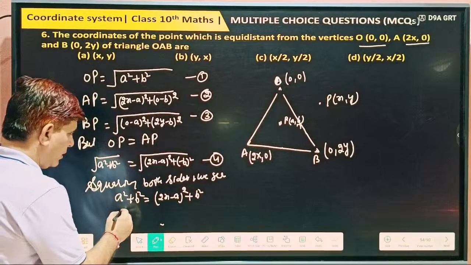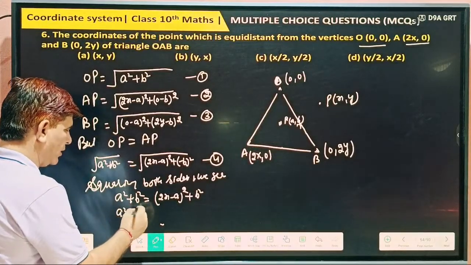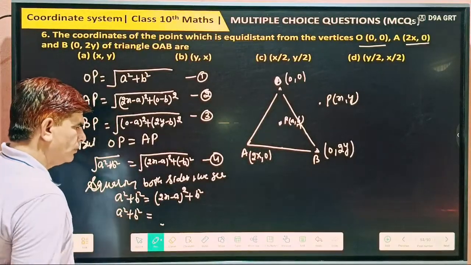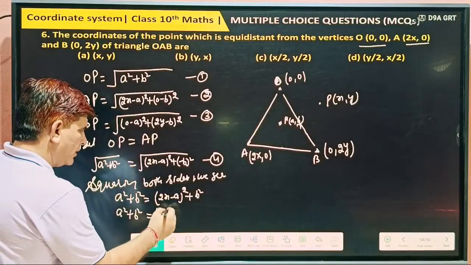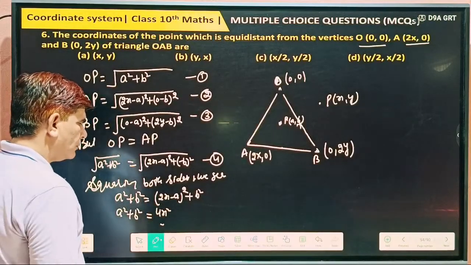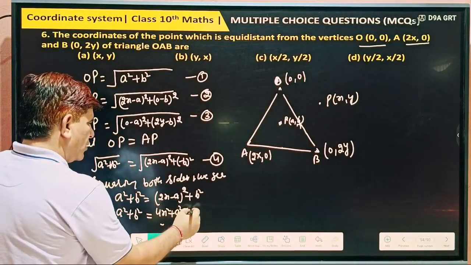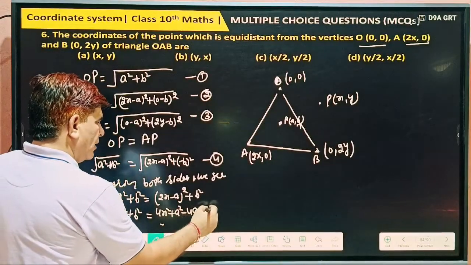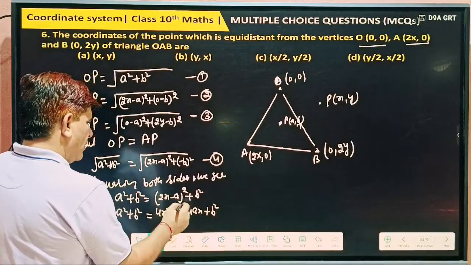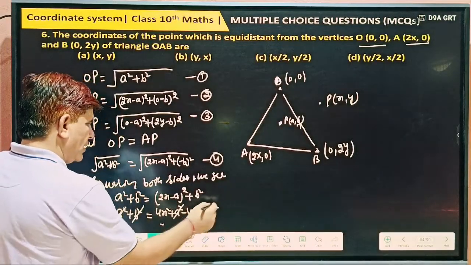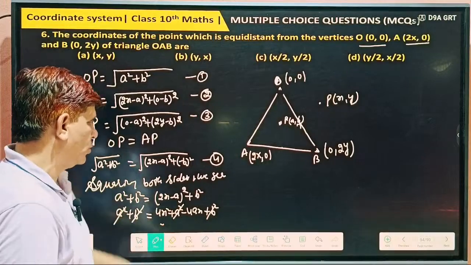Solve it. A square plus B square equal to 4x square plus A square minus 4ax plus B square. This cancels this, this cancels this. So the right-hand side here, what's 0?